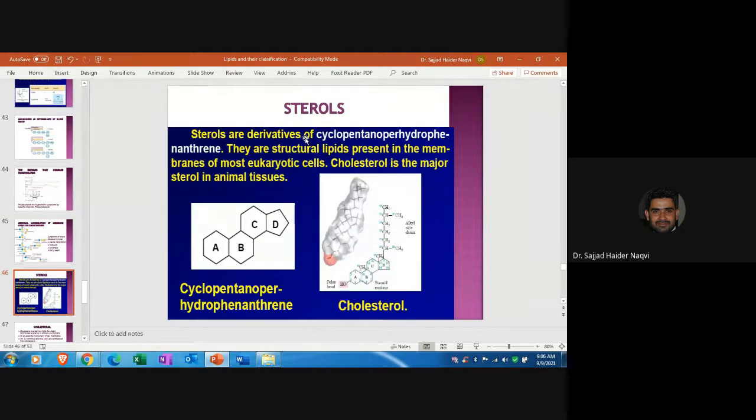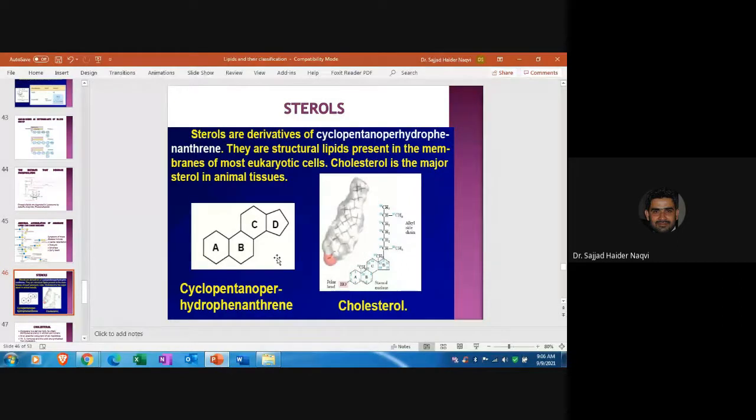Now, the last of the types was sterol. Sterols are a specific category of lipid molecules which contain this basic nucleus. This is a structure formed by four rings.